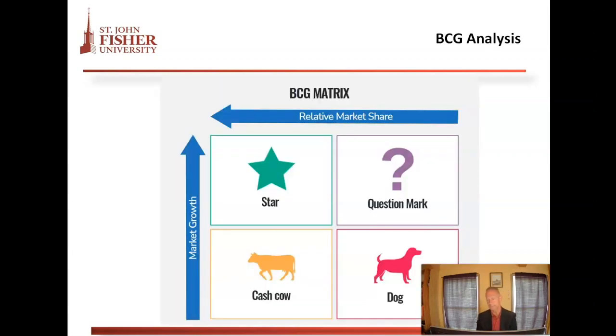The next thing that I really like is BCG analysis. Now, the BCG analysis, I'm going to spend a little bit of time going over this. This is product related. The BCG analysis is specific to the products which you offer. On the top, you've got relative market share, and on the side, you've got market growth.